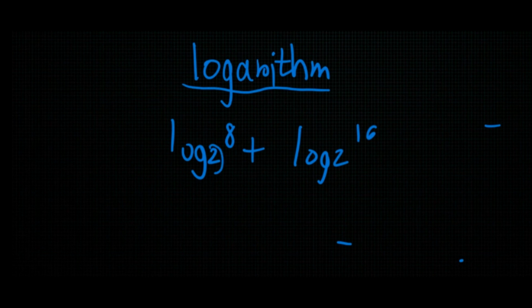Here too, we need 3 twos multiplied to get 8, which can be written as 3, plus we need 4 twos to get this number 16. So 3 plus 4 also equates to 7.